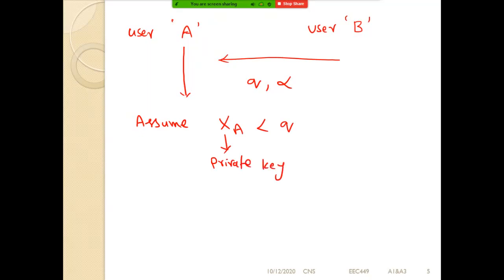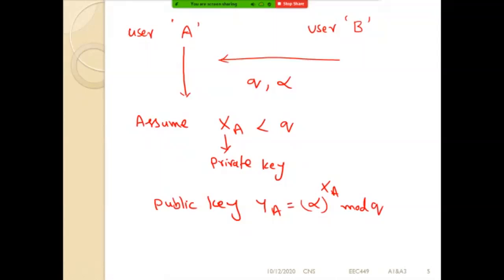Please remember, when user B wants to transfer something with security, the actual process will start from user A. Using Q, alpha and the private key XA, user A will generate the public key YA equal to alpha power XA mod Q. This we know already from the Diffie-Hellman key exchange. Yes or no? Please confirm. Yes, sir. We know this.